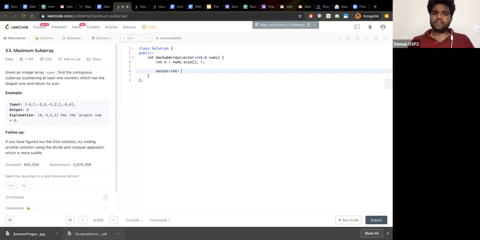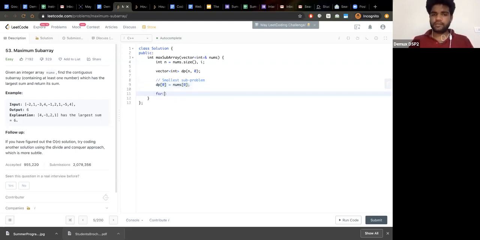So for 0, 0, let's store it at 0. For 0, 1, let's store it at 1. For 0, 2, let's store it at 2. So we will have a DP array of size n. First, the smallest subproblem: dp[0] is basically just that number itself.